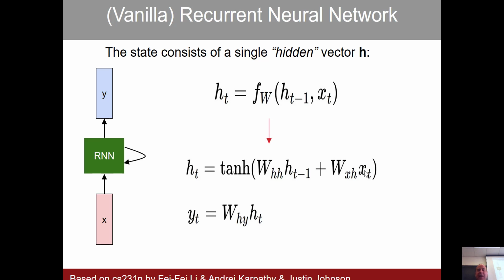So this weight maps x to h, this one maps the previous h to the present h, and then you also have an output which takes the state. Of course, you could add a bias here, and you could add a bias here, to have the mathematical expression we've had before. The bias is always good when the data perhaps doesn't have zero mean, so you need that bias to compensate for where the origin is.